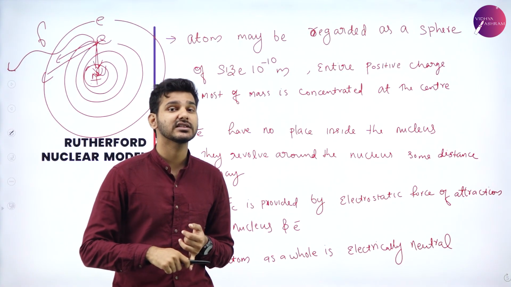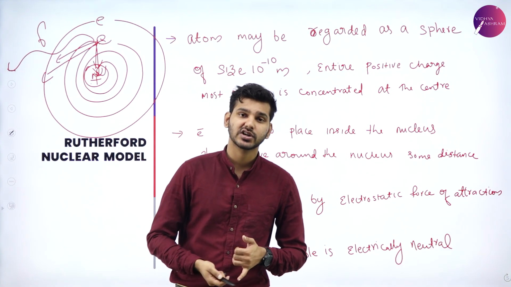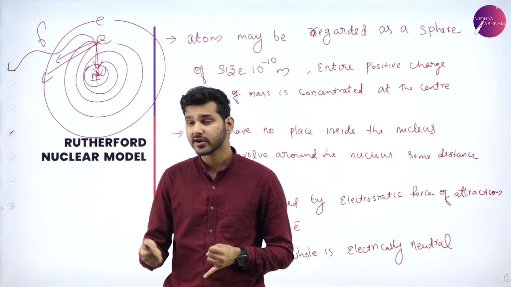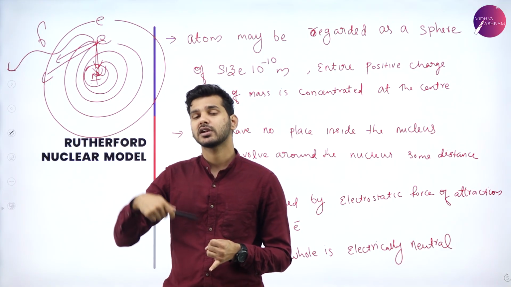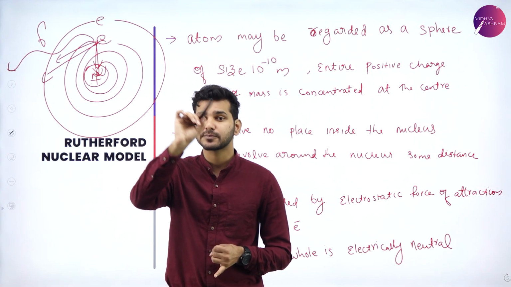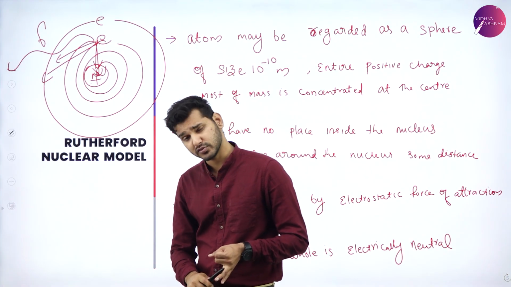So assuming that the centripetal force was provided by the attraction between the nucleus and the electron was a drawback, because if that is the case, then the electrons will radiate energy and slowly lose control, spiraling into the center of the nucleus. That was obviously one more drawback.